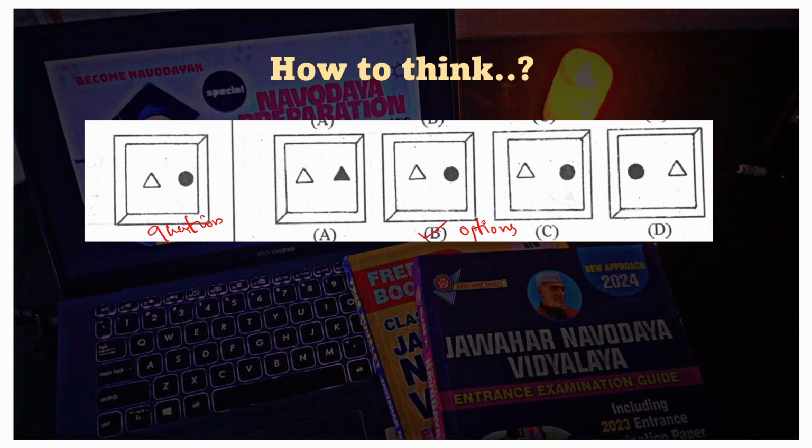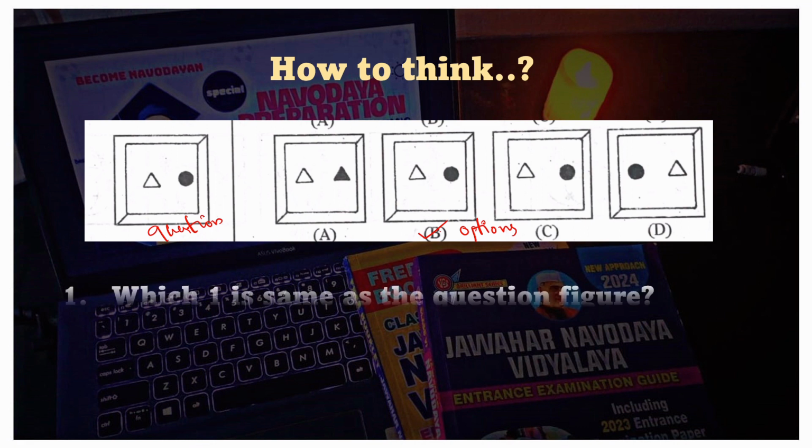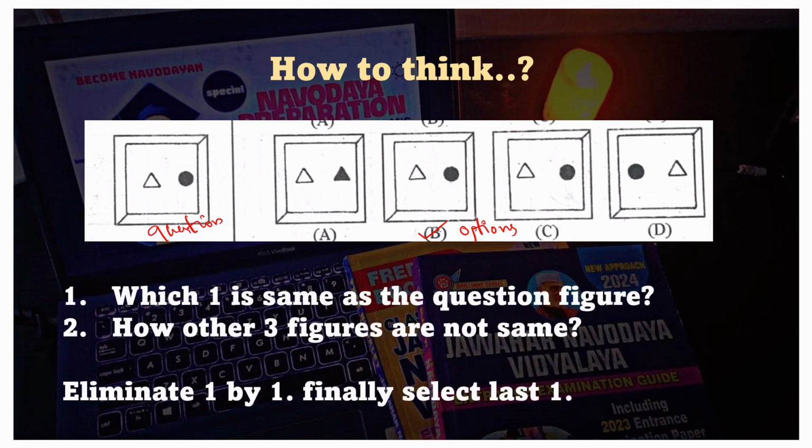So while we are doing it like this, we have to follow a manner. First of all, we need to think whether anything is matching or not. If you look, we would be selecting C directly, but it's not good practice. The actual answer is B, right? So how to do these things? We should not directly select the one which is matching.